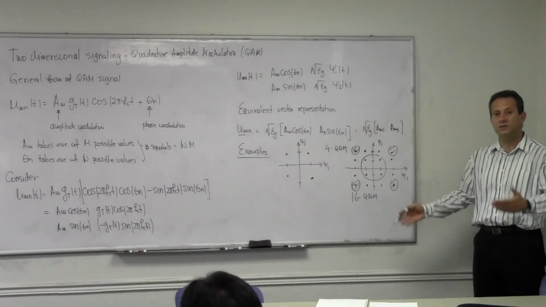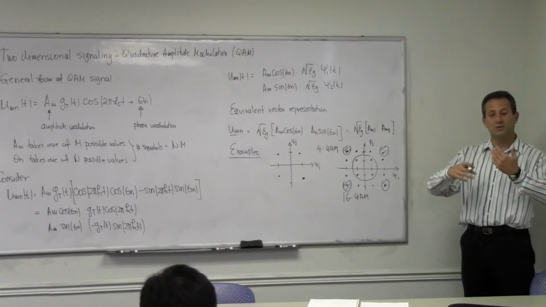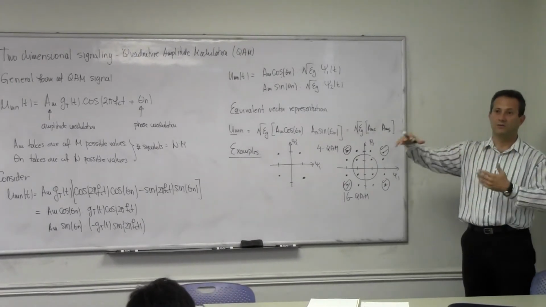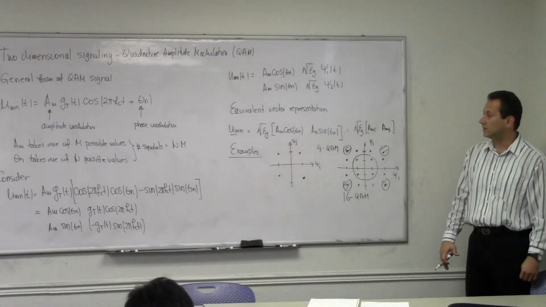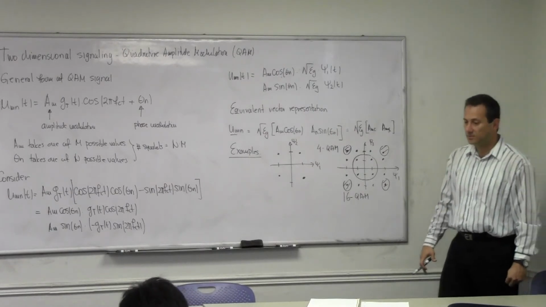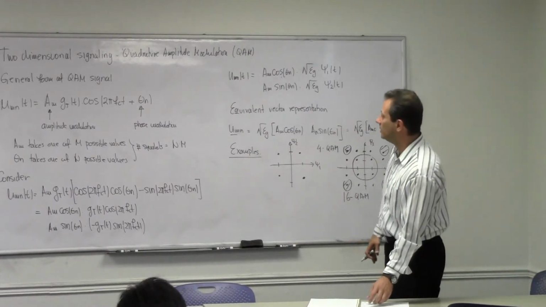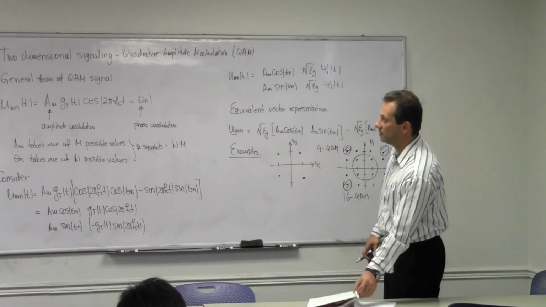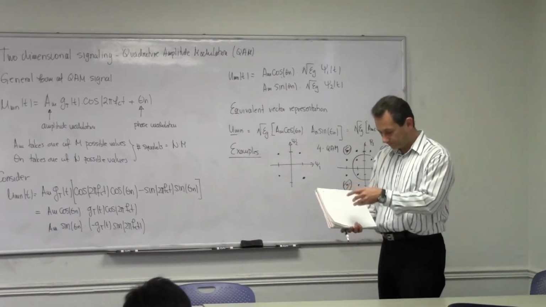So you have signals of different energies. That means the energy or power of your signal is going to change, so you need more linear circuits than in the case of phase shift key.